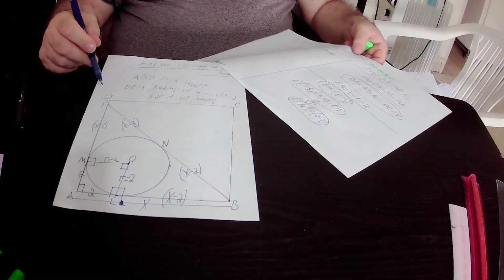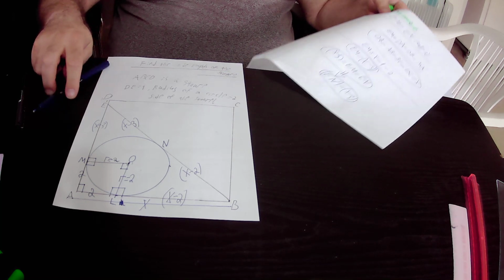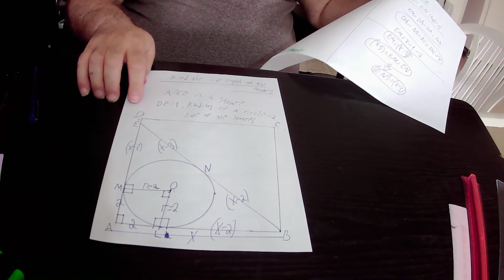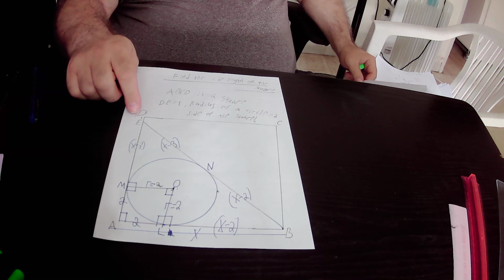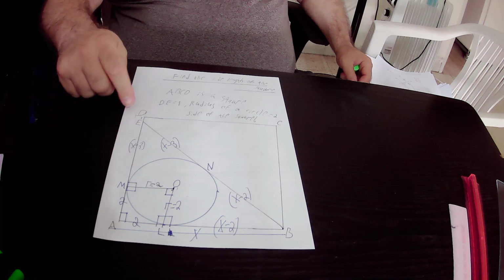Okay, then I presented to you rule number 2, that the lengths of 2 tangents from a common external point to a circle are equal. From the common external point E, we have tangent EM and tangent EN.